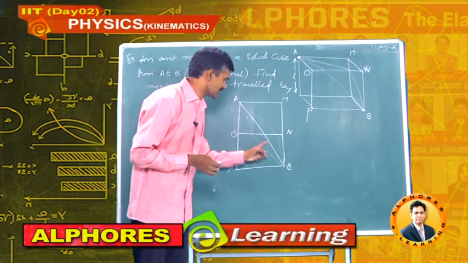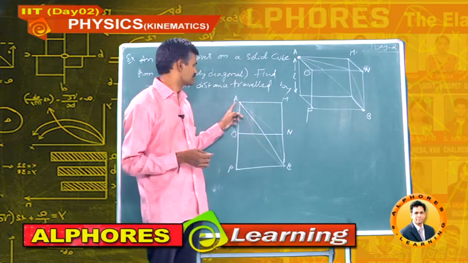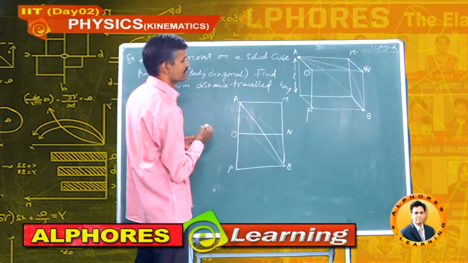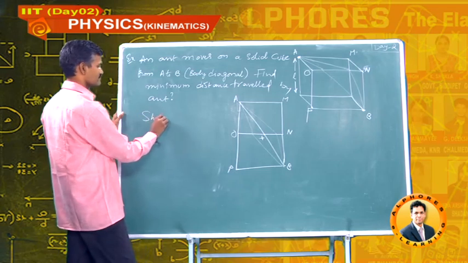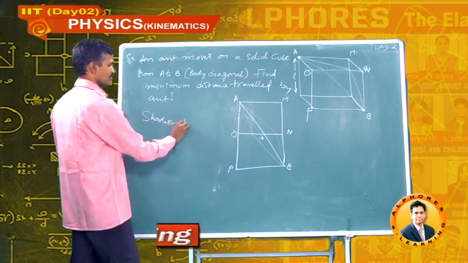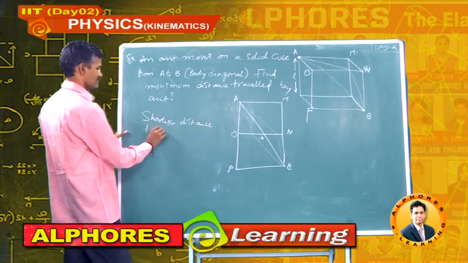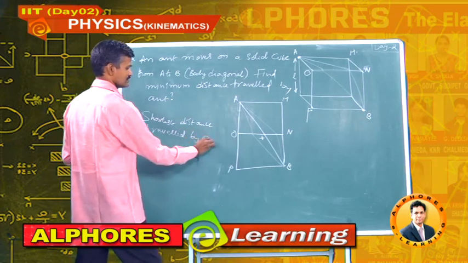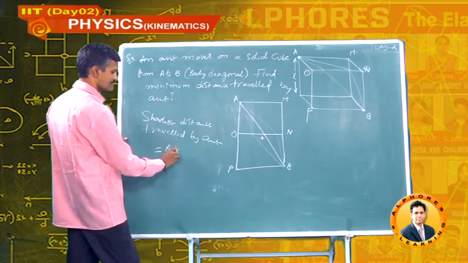So I have to calculate the length AB, passing through some point X. So the shortest distance traveled by the ant is AXB.